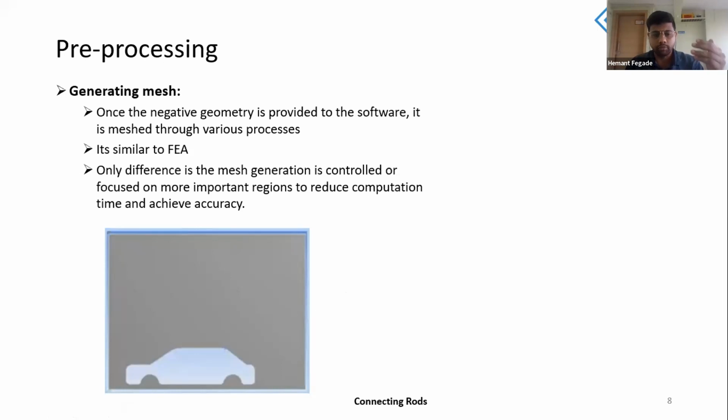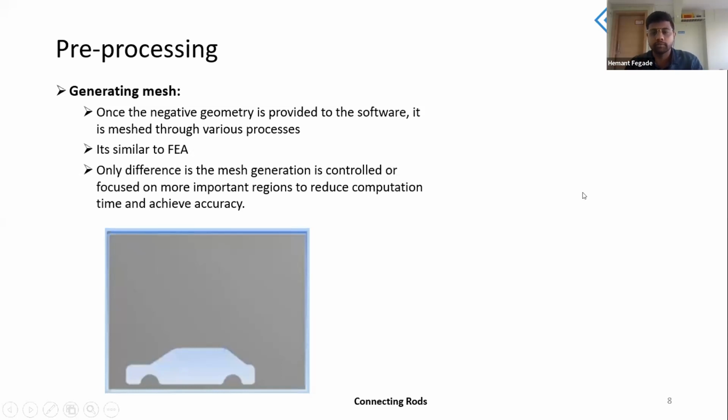consider this is your model where you are going to simulate your flow over the car over here. This car profile is mentioned over here. Essentially, this is your geometry, right?